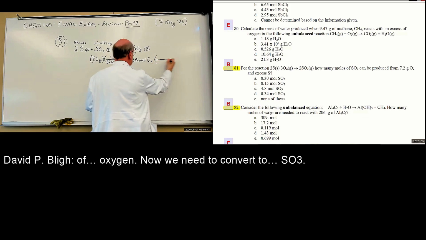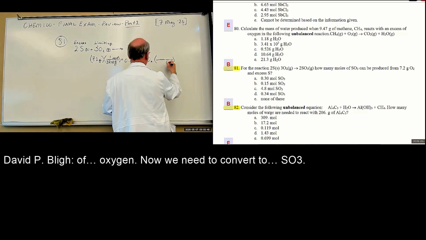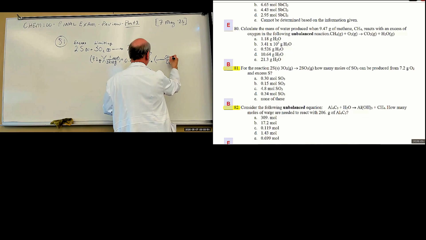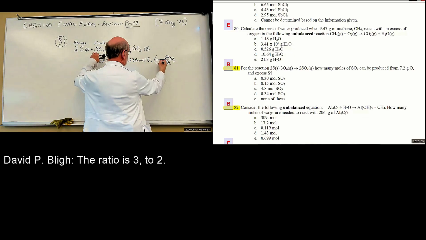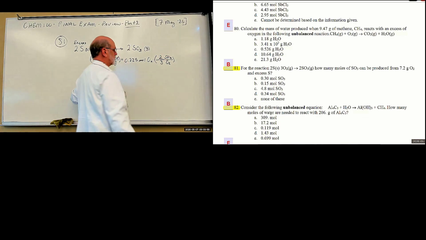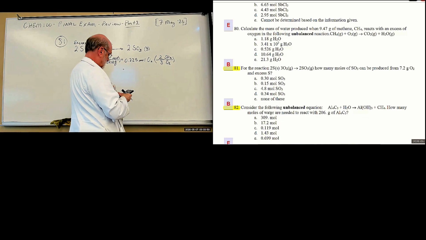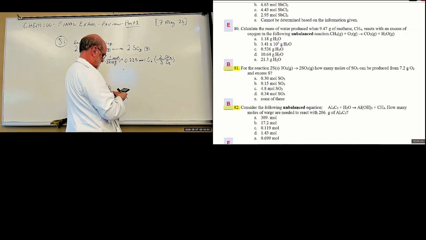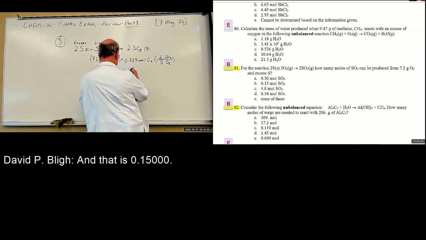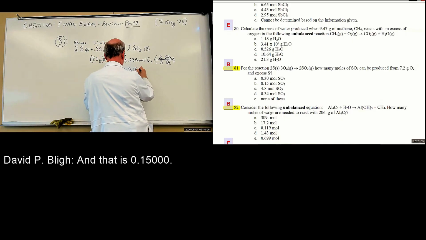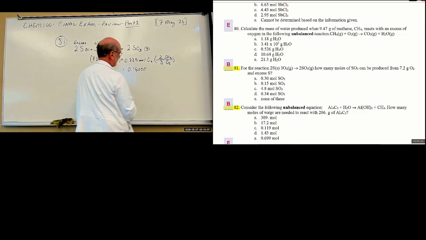Now we need to convert to SO3. The ratio is 3 to 2. And that is 0.15000.